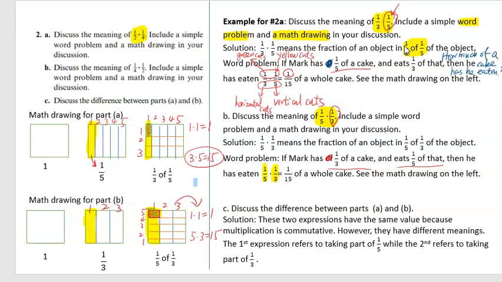So we take parts of 1/5. But the second one, we take a portion of 1/3. We divide this portion into 5 equal parts. So again, the whole is different. It's a portion of 1/5 or a portion of 1/3.